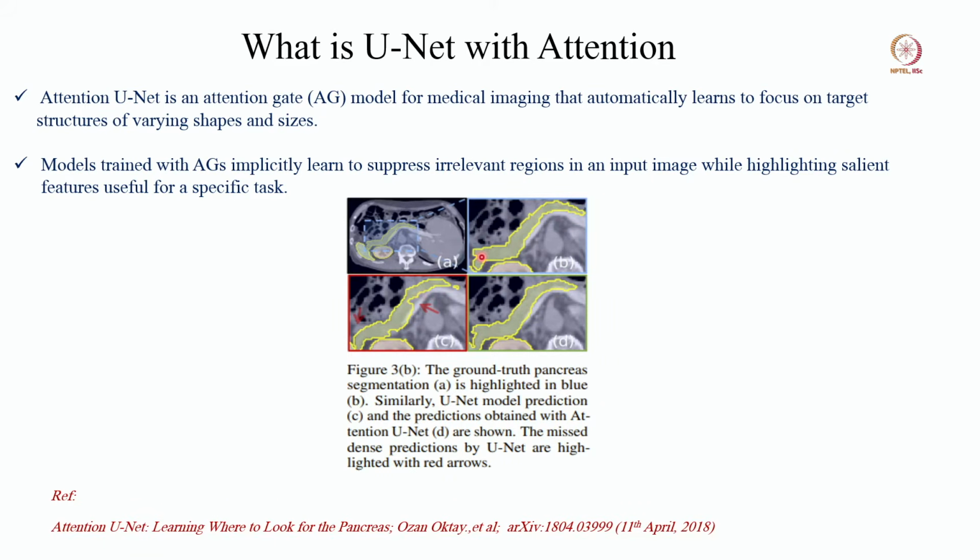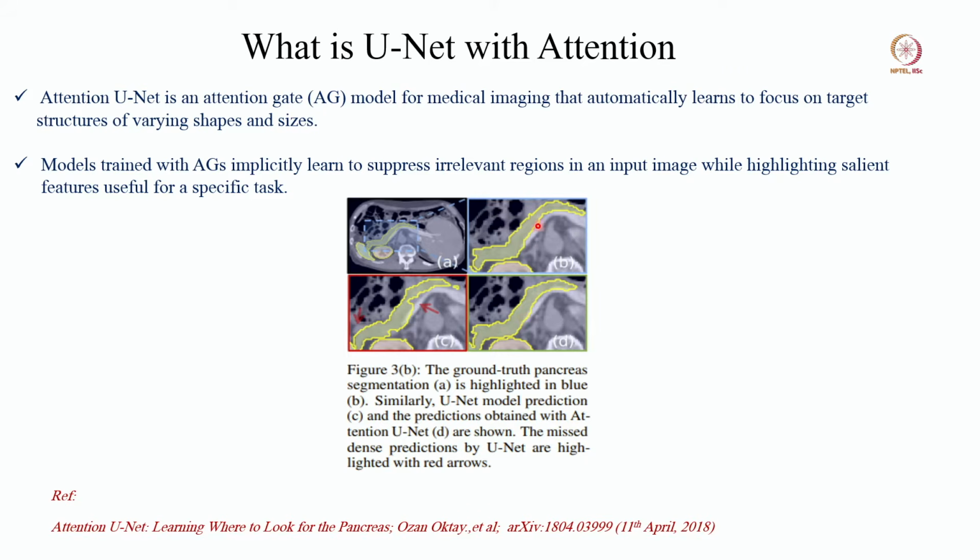One is this portion where the shape looks like it is going a little inside, which is not the case in the ground truth, and in this place the shape is also a little different from the ground truth mask. And figure D is the output of UNet with attention.